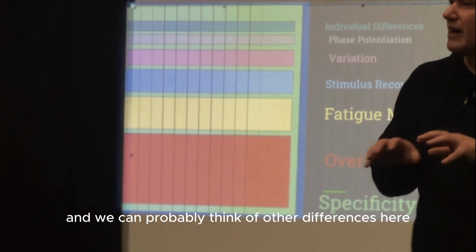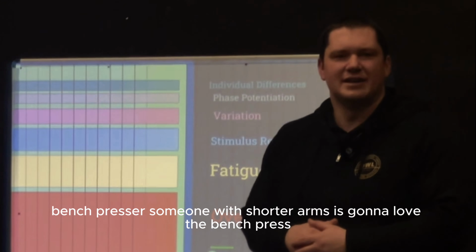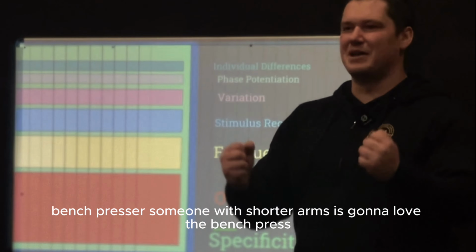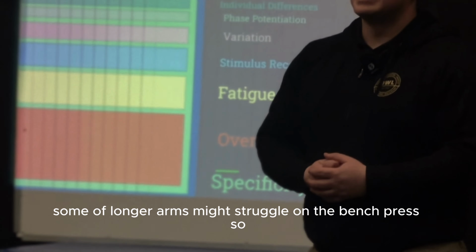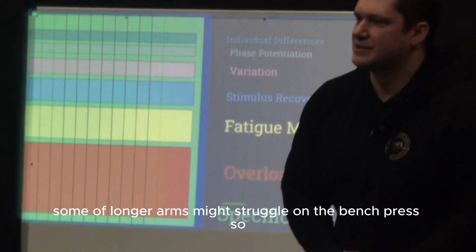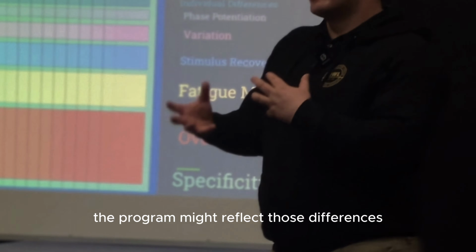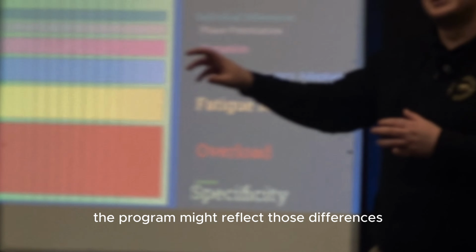We can probably think of other differences here. Bench presser, someone with shorter arms is going to love the bench press and might be able to grow their chest and arms really easily. Someone with longer arms might struggle on the bench press. So the program might reflect those differences.